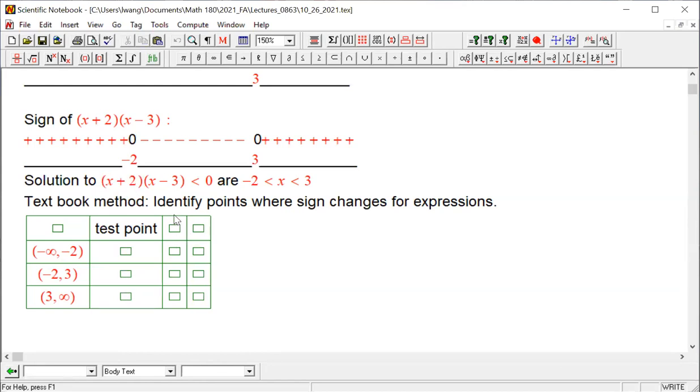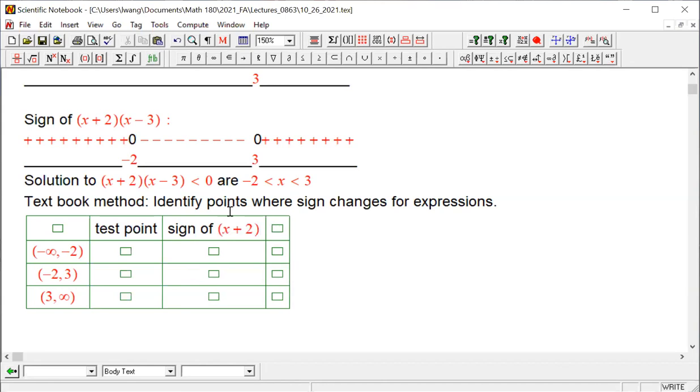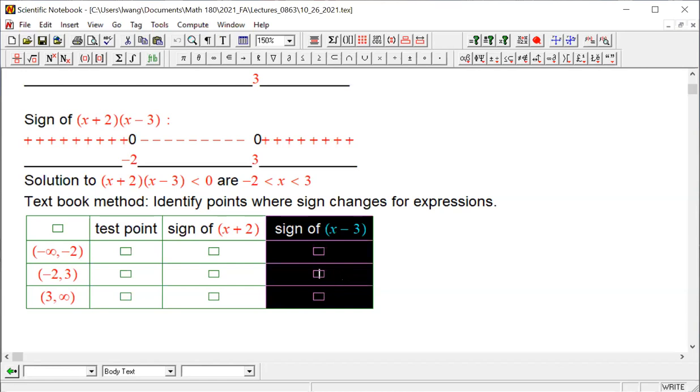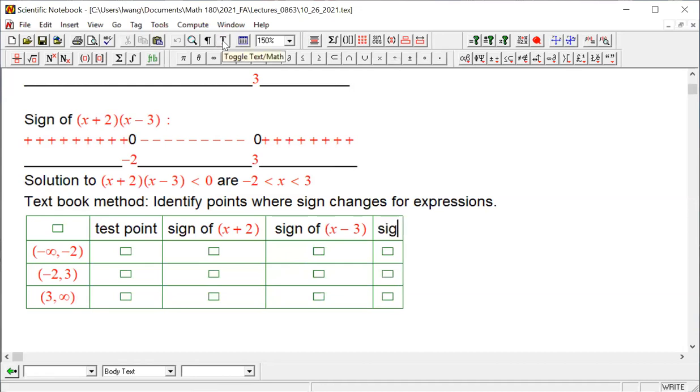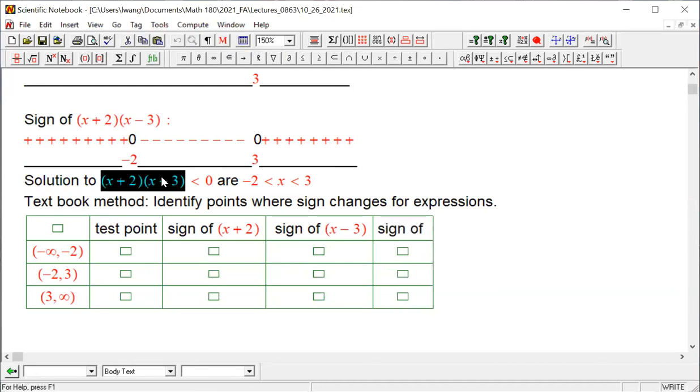The table is more or less like this: the sign of x + 2, the sign of x - 3, and last, the sign of the product.